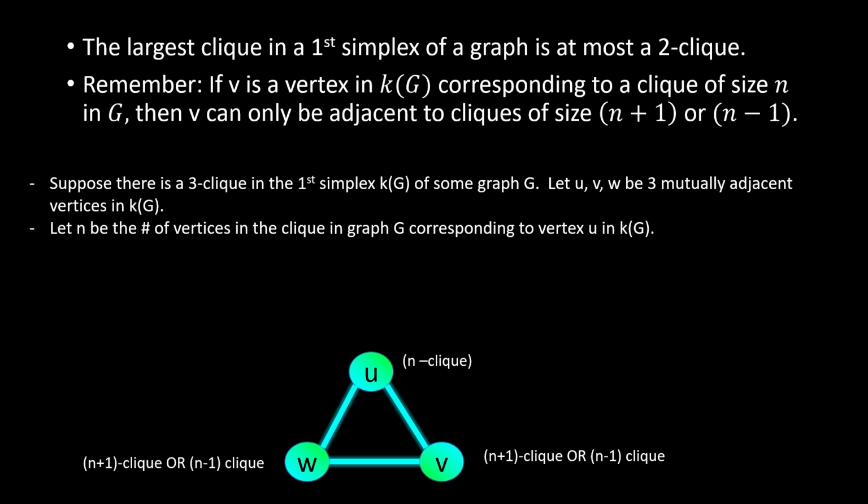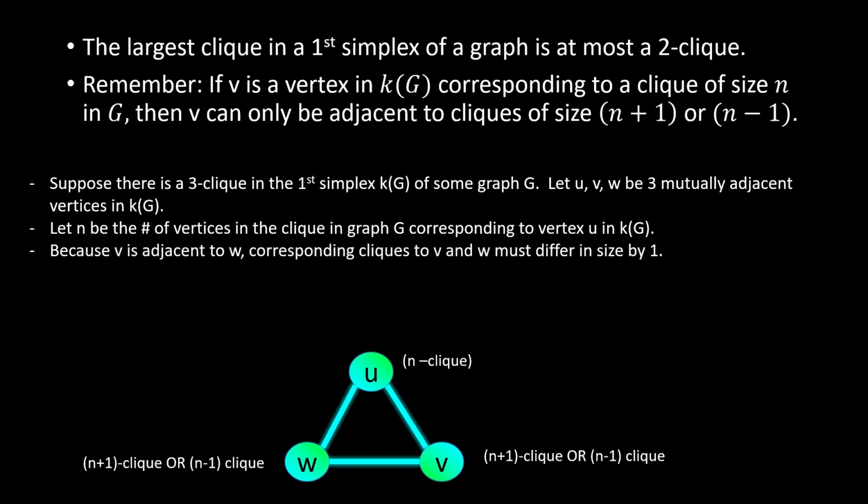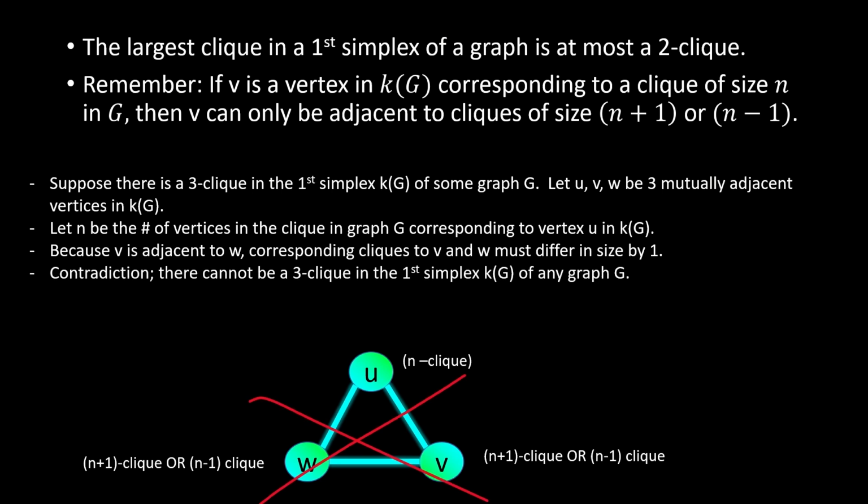However, vertices v and w are also adjacent. As we know, that means their corresponding cliques must differ in size by 1. Yet that's impossible because either they're both n plus 1 cliques, both n minus 1 cliques, or one is an n plus 1 clique and another is an n minus 1 clique.